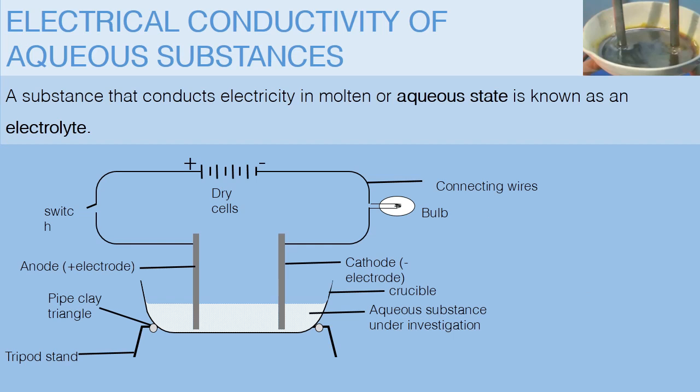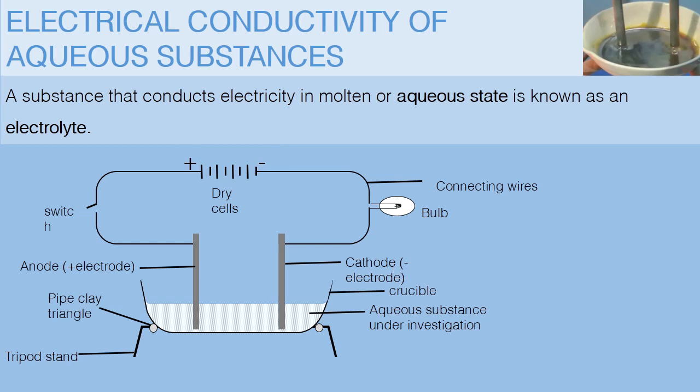Now in this setup we still have the dry cells and a switch, but we have something special. We have the anode and the cathode, which are known as electrodes. The anode is the electrode that is connected to the positive terminal of the dry cell or the battery, while the cathode is the negative electrode that is connected to the negative terminal of the battery.